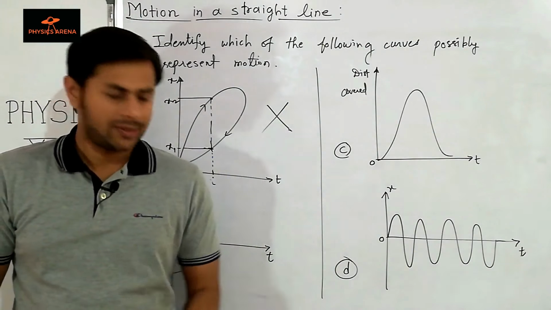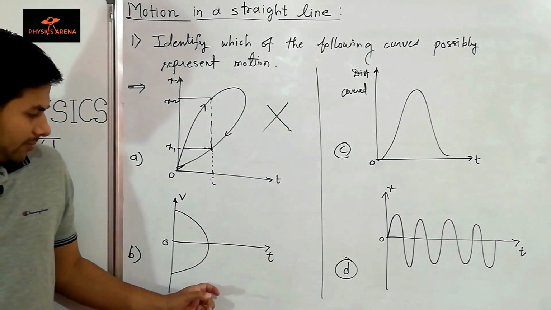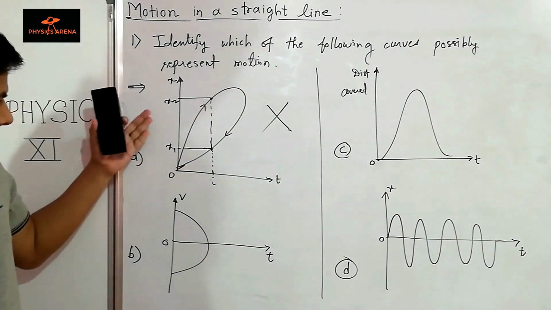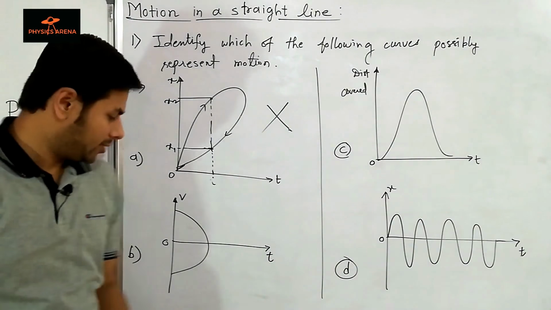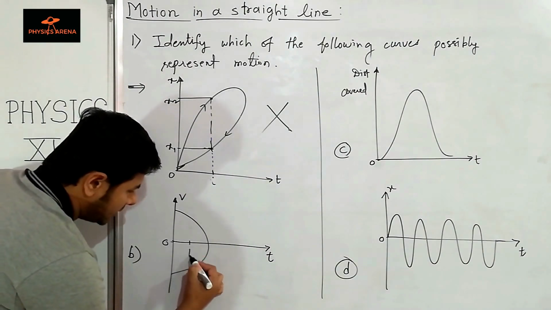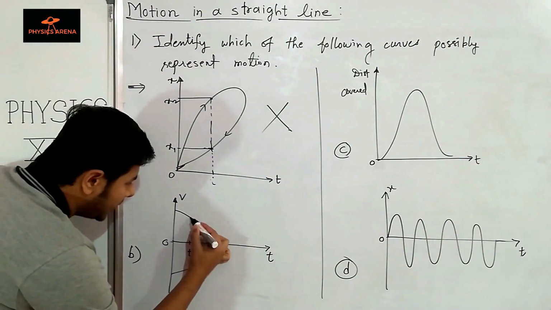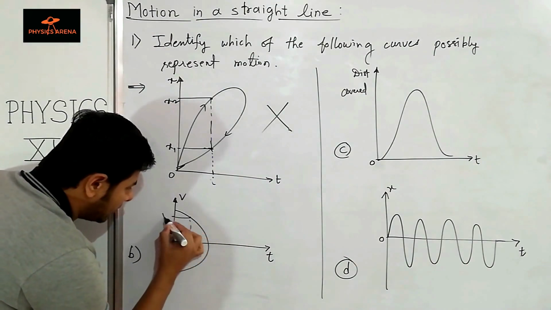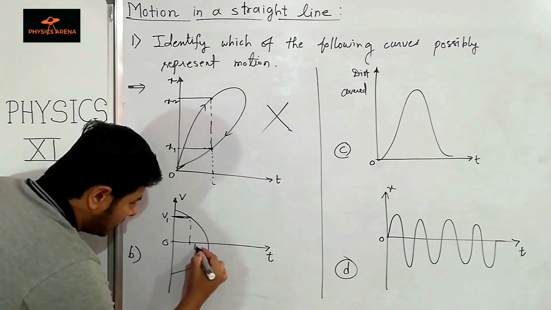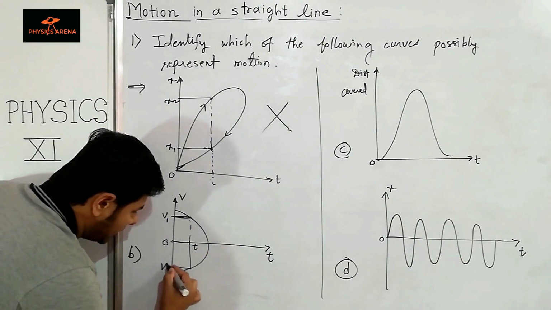It doesn't represent. What about this graph? Here this is velocity versus time graph, and the case is same as that of here. If we take any time from here to here, let's say this time, we get these two velocities. This is v1 and this one is v2.